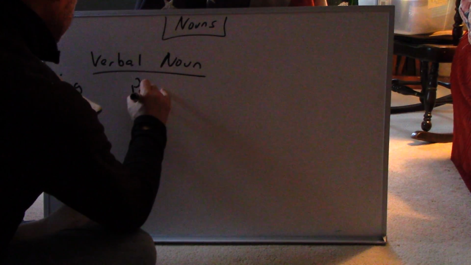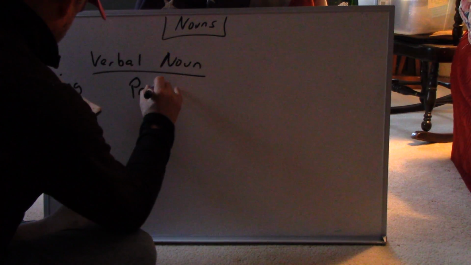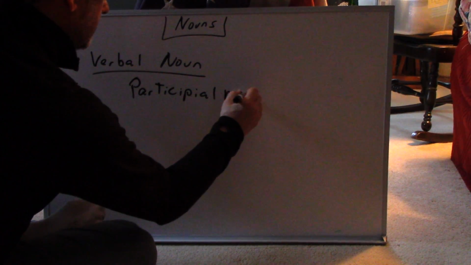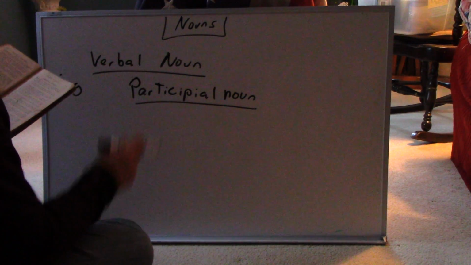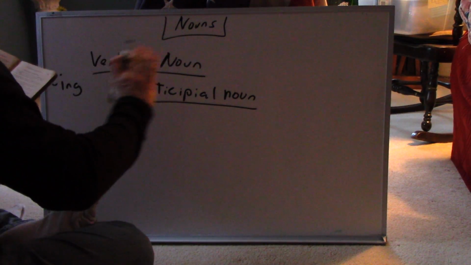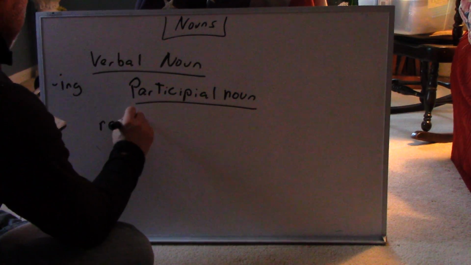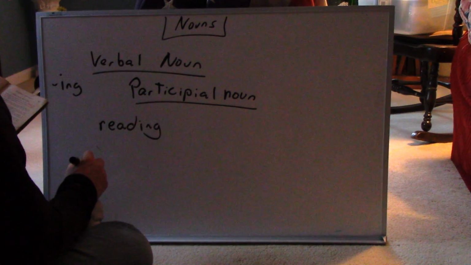Participial noun. I'll write that down. Participial noun is a verbal noun. And in Latin, it's called a participle. But I don't want to go there right now, because then I have to teach you participles, which I could.